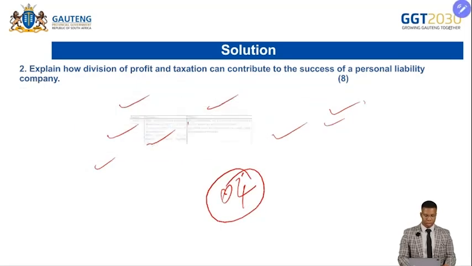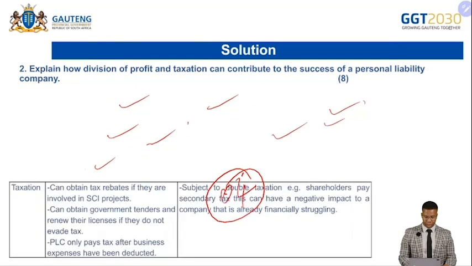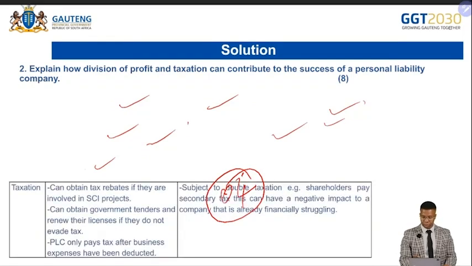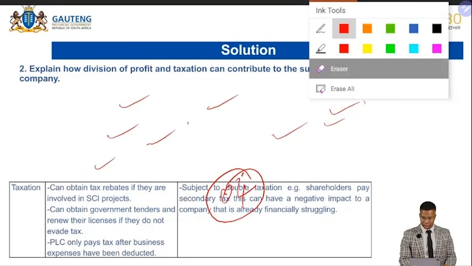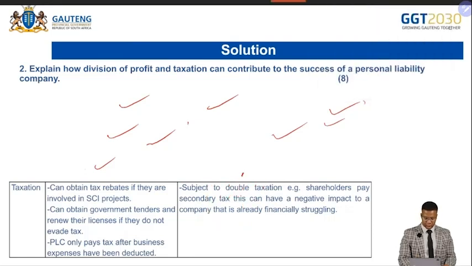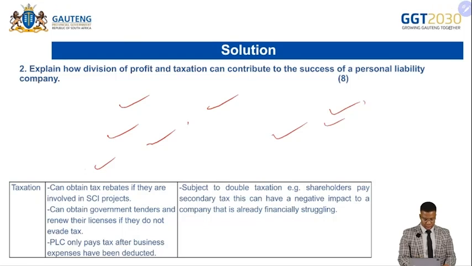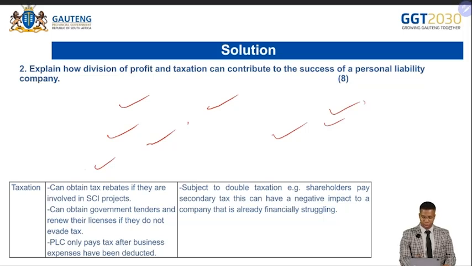And then we look into taxation. When you're looking into taxation there, they can obtain tax rebates if they are involved in corporate social investment projects. That one is correct. And then we also look into the idea that they can obtain government tenders and renew their license if they do not evade tax.